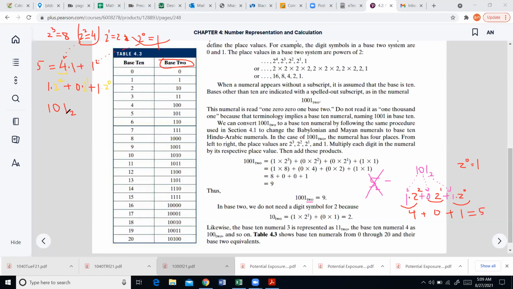Let me try another one. So let me try to write 21 in the base 2. Some people will say, oh, Alex, if this was the previous number, then 101, and then there'd be a 0, 1 rather than 0, because that's the next digit. Well, let's check it out, if that's going to work.